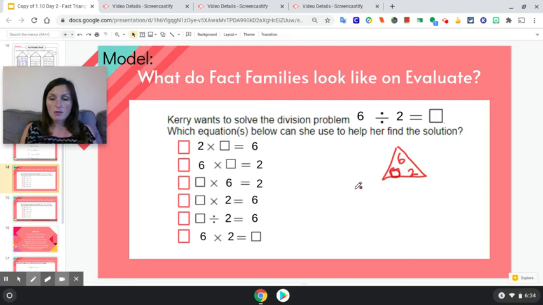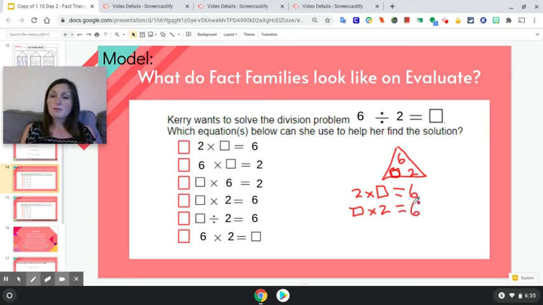I know 2 times this blank is going to equal 6. If I flip them, this number we don't know yet times 2 is going to equal 6, because there's only 3 numbers we could possibly use.